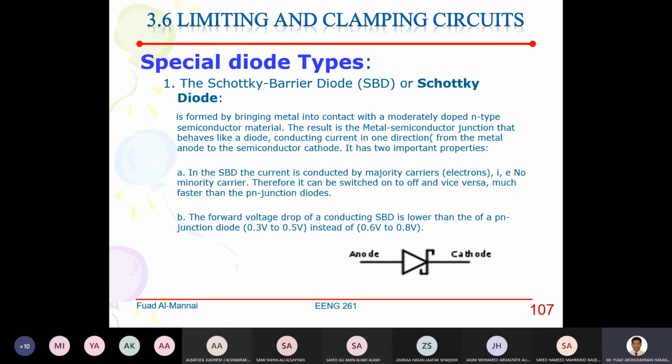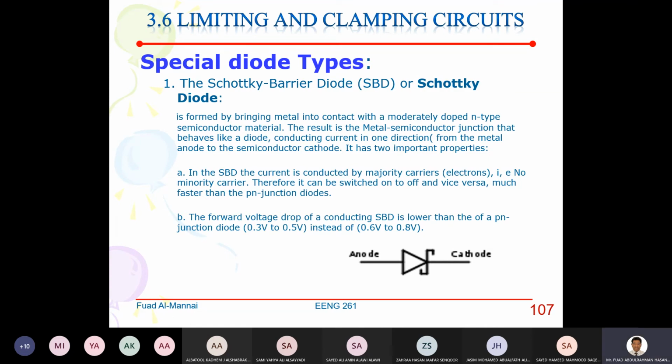And by doing this, they got rid of the minority carriers, or there are no minority carriers. For example, there are no holes. Like the normal diode has N type and P type, where P type has holes. So they got rid of the P type and connect just metal.